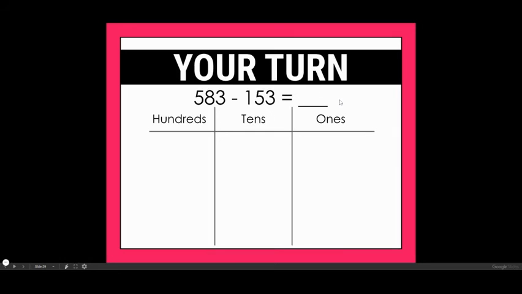Okay, one more that you're going to do. Draw another hundreds, tens, and ones chart. And then when you are ready, pause the video and see how far you can get in these steps all by yourself. See if you can do the whole thing and then come back to check your answer.